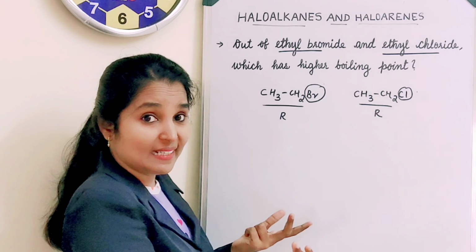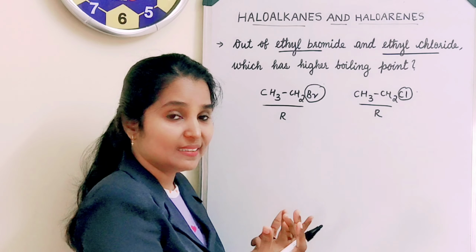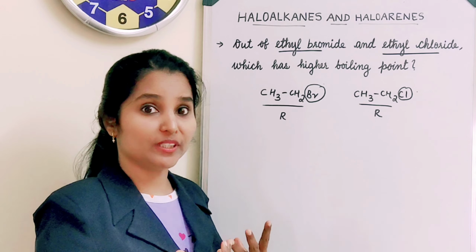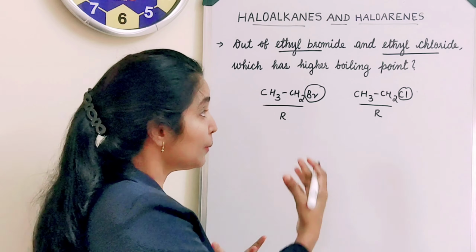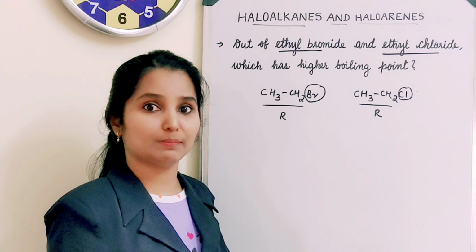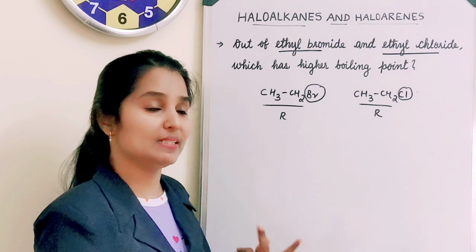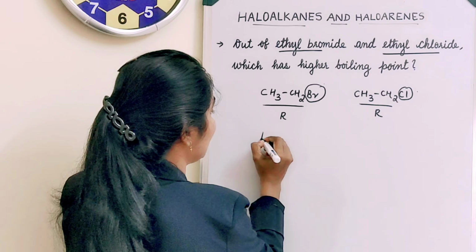So we have already learned that if the alkyl group is the same, the boiling point can still change for alkyl halides because of the change in halogen atoms. According to the halogen atom present in the given compound, it will change. How will it change? We can write it like this.